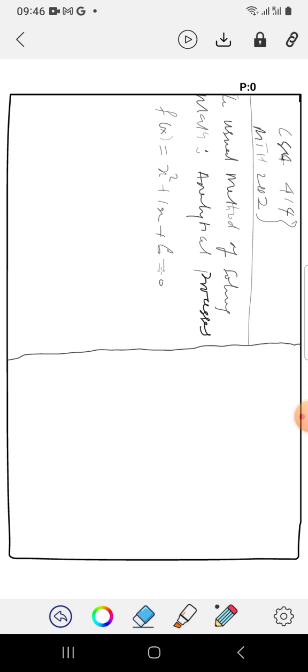What will come to your mind is that, oh, I can solve this problem using the completing the square method, or the factorization method. But let's now assume for a sec that you don't have access to completing the square method.